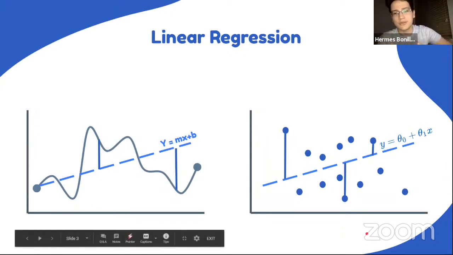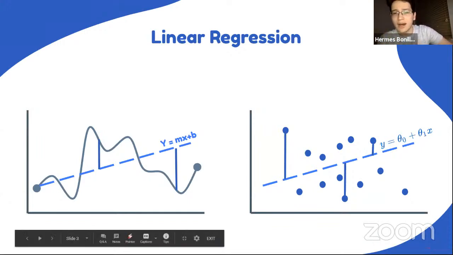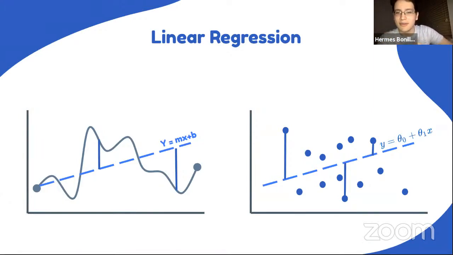And now we're going to go into a bit more. It looks a bit more difficult, but it's the exact same thing. On the graph on the right, if you look at the equation, y equals theta zero plus theta sub 1 times x. So theta sub 1 is our slope. It's how we vary our linear regression line.